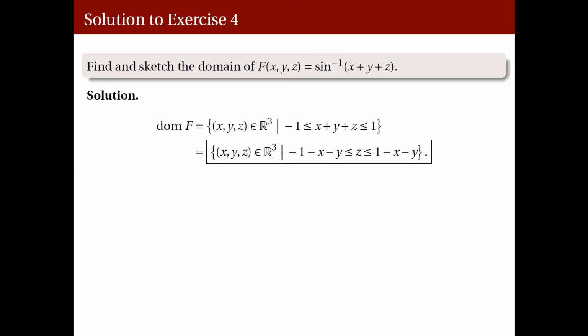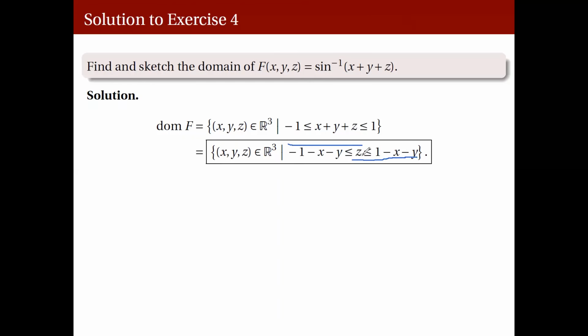Okay. Now for the sketch, we will be needing here some 3D sketches, no? Because in particular, we have an inequality or a continued inequality, which when split in two, suggests that we have to draw some planes, no?